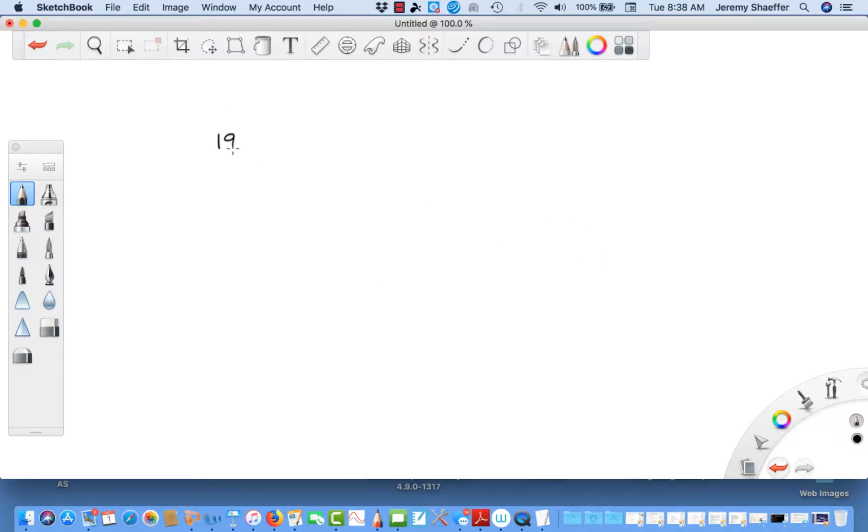19.3 is a little bit different. Okay, so here we have a unique shape. This is 4, this is 5, this is 7, y and x, and then we have 6.